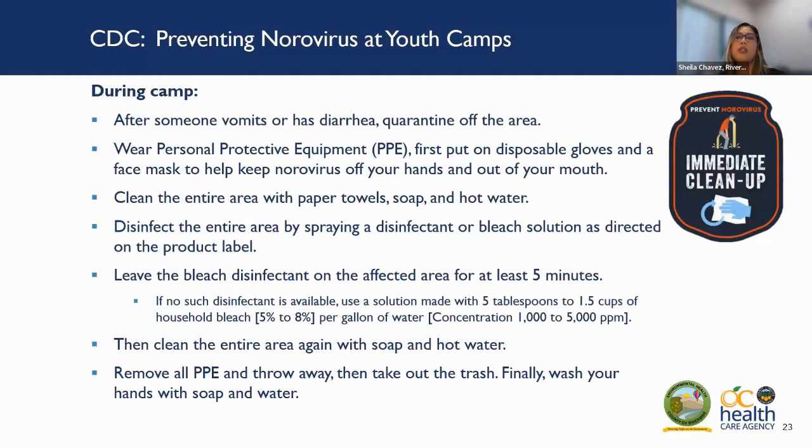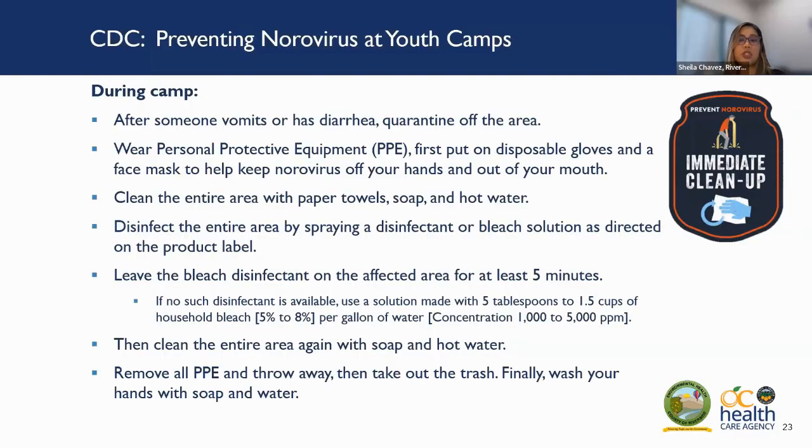After a vomiting or diarrhea incident, the first step is to immediately restrict access and isolate the affected area to prevent further contamination. Staff should always use PPE, including disposable gloves and a face mask, before entering the area to reduce exposure risk.